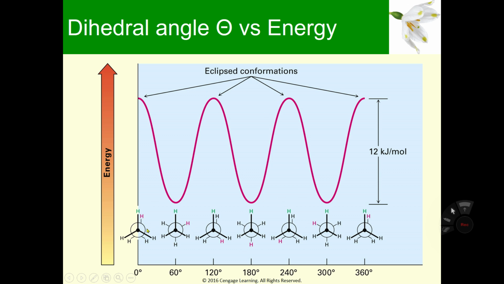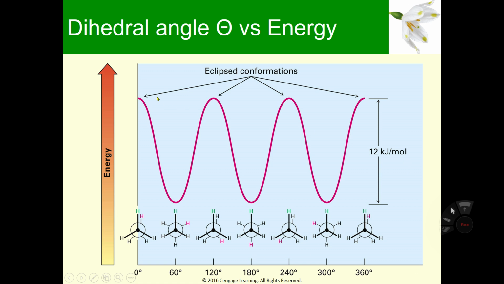Here is the eclipsed conformer. Here is the staggered one. So the energy difference between here and here will be 12 kilojoules. If you rotate more and more, it will undergo eclipsed, staggered, eclipsed, staggered, eclipsed, and staggered. You start from 0 degrees. You will undergo staggered, eclipsed, staggered, eclipsed, staggered, eclipsed, and it will rotate 360 degrees. If you finish one rotation, you have rotated 360 degrees.